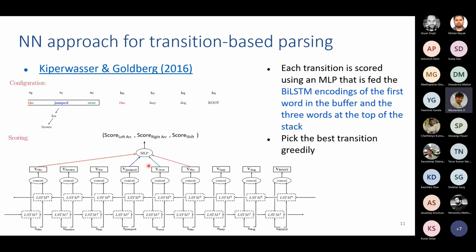So these three things will also come to the MLP as input. Based on these, the MLP does the prediction, and we decide which one to take. So this is one of the earliest neural network based approaches for transition based parsing. Since then, there have been quite a few other approaches for this task. Any question?